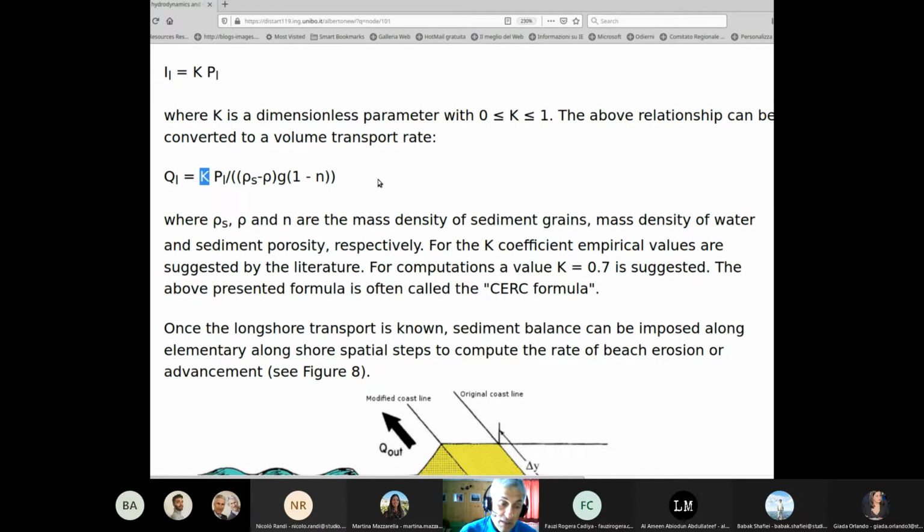Again, this is an empirical model with a physical basis. The physical basis is clear because we started from the computation of energy, etc. But then we introduced an empirical coefficient. So it becomes a mixed model, empirical and physically based, and these models need to be refined through experimental observations.